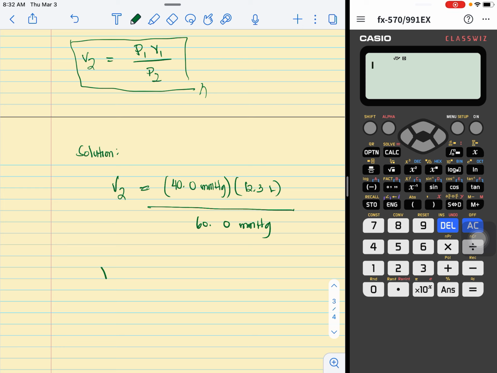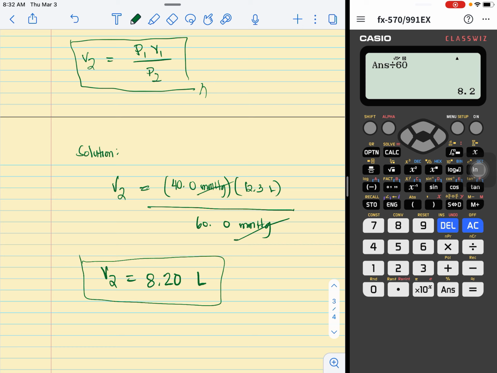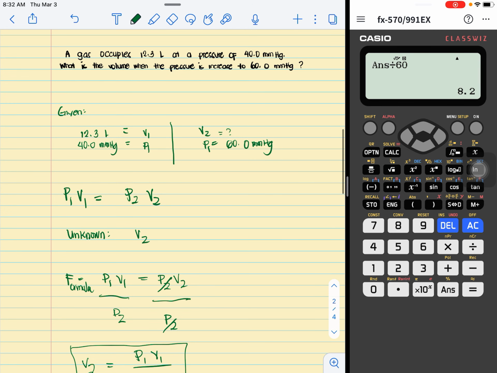Okay, so let's put it in our calculator. 40.0 multiplied by 12.3 is 492, divide by 60, and the answer is 8.2. Looking at the significant figures, when we are dividing, it should be three significant figures. So the answer is 8.20 liters.